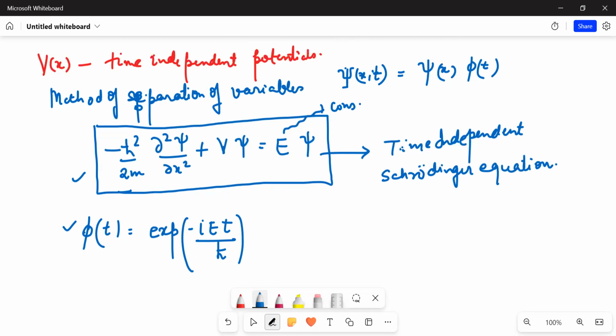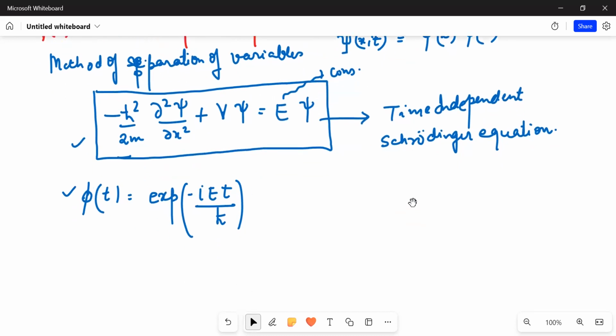So basically, the total function can be written as the solution of this part, which will be completely x dependent, times this part, which is completely time dependent. Okay, so for most of the cases, we are going to consider potential to be time independent, and for time independent potential, this is one of the important equations that you should consider, which is called the time independent Schrodinger equation.